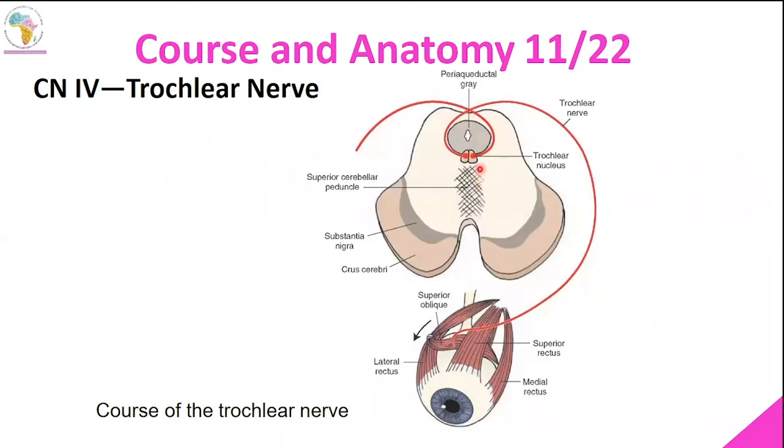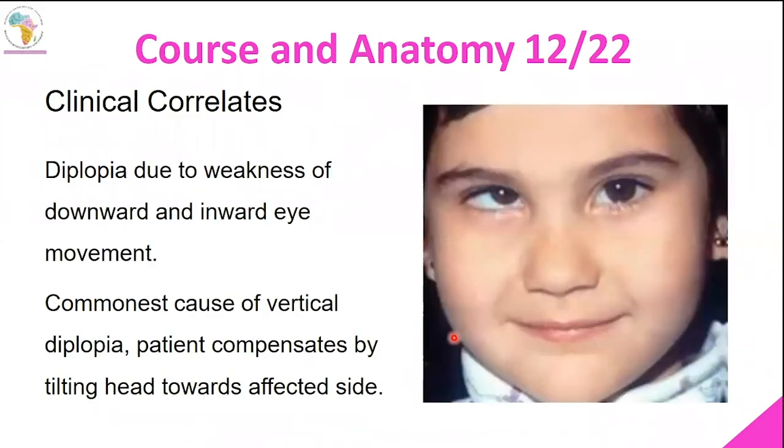So we have the trochlear nerve going like that and then supplying the superior oblique muscle right here, as we can see. Just like the oculomotor nerve, this nerve also exits the intracranial cavity via the superior orbital fissure.